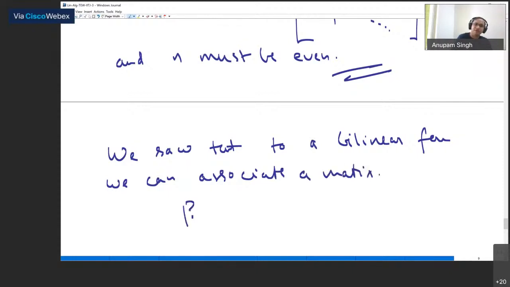Say I had a bilinear form beta, then I associate to it a matrix A in M_n(F).